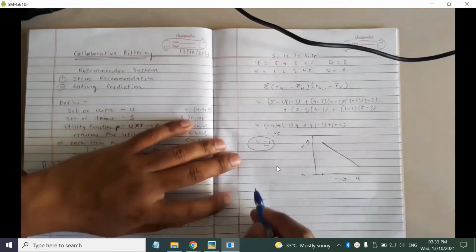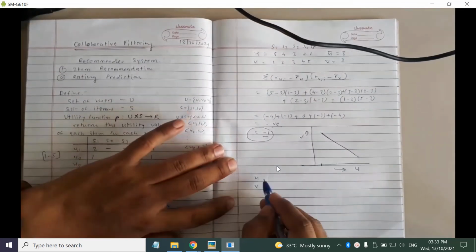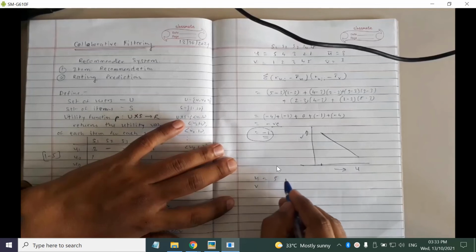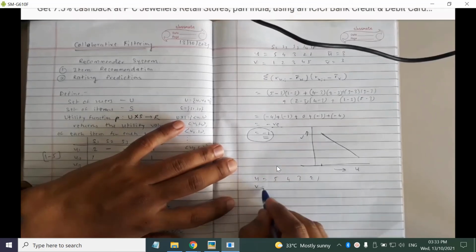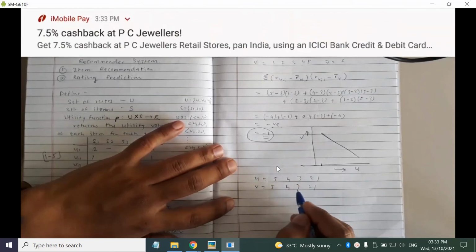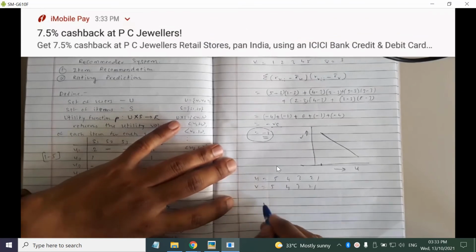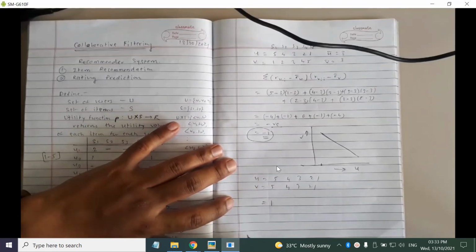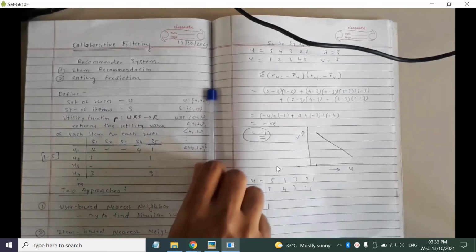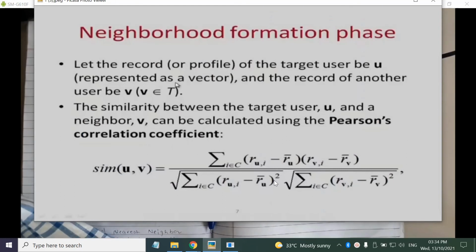But if you have similar users, 5 4 3 2 1 and 5 4 3 2 1, you will get similarity as 1. The similarity index between this u and v will be 1. So this is the interpretation of this formula.